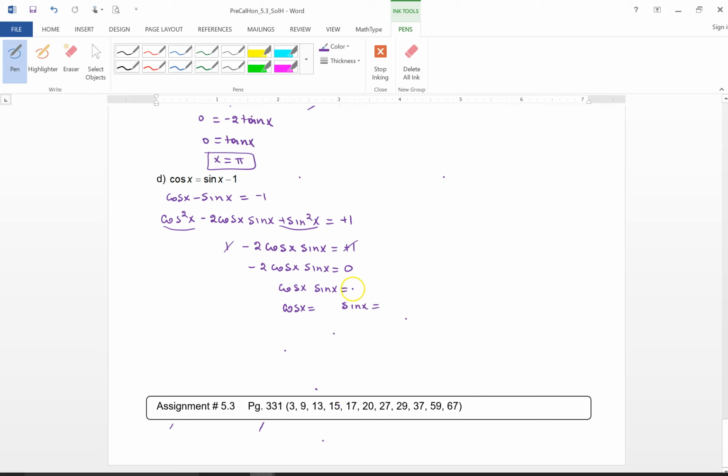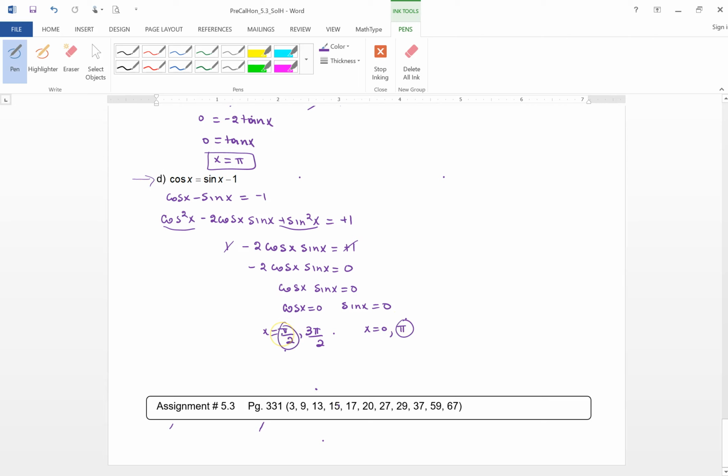So now, cosine of x equals 0, so x is pi over 2, 3 pi over 2. Here, x is 0 and pi. Of the 4 answers, if I plug them into the original equation here, you notice that only the pi and the pi over 2 work. So the answers are pi over 2 and pi.